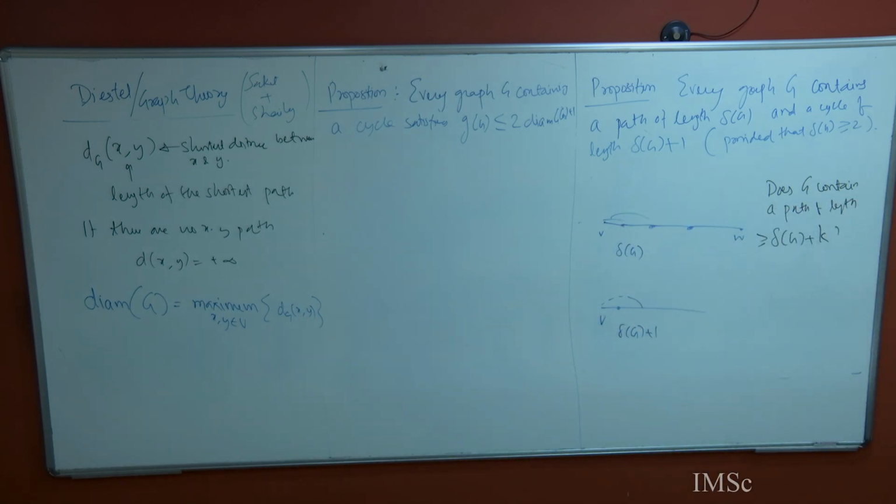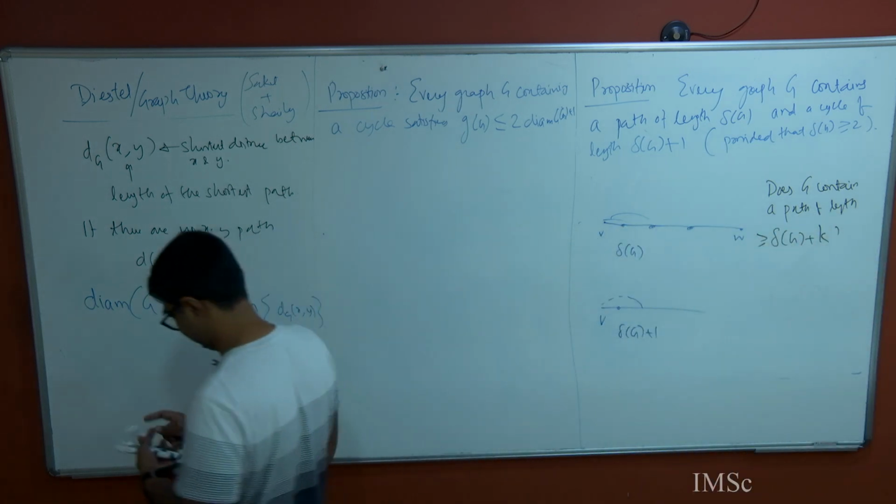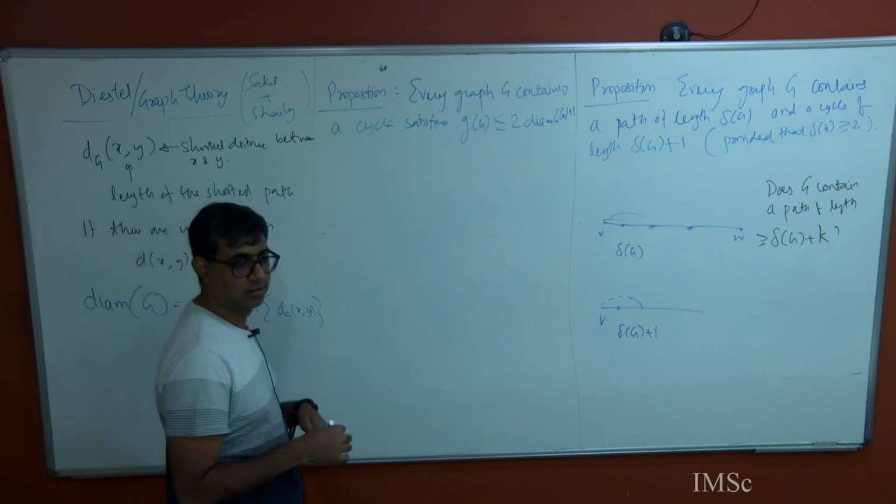It sounds okay, but notice that the girth of a graph, the shortest cycle, consists of two shortest paths between a pair of vertices, in some sense. But what's the proof?